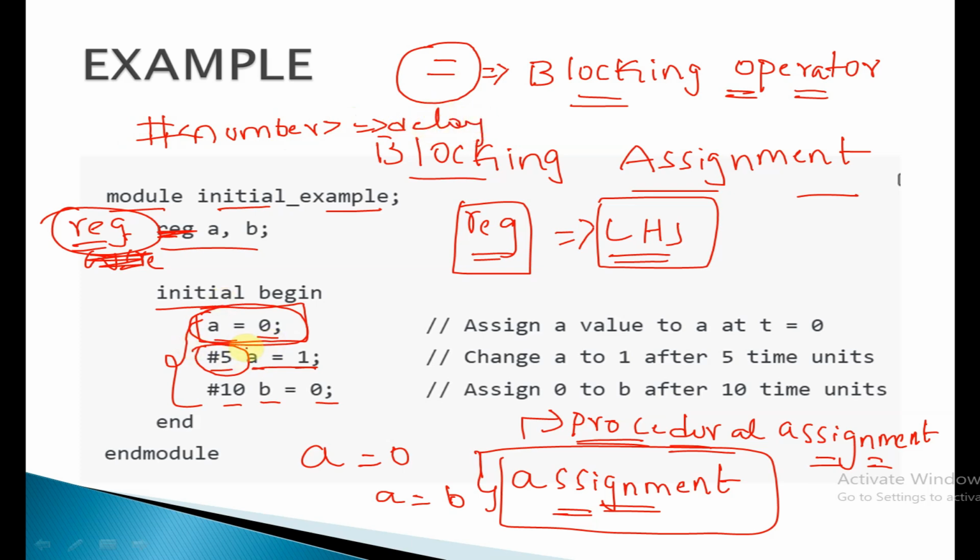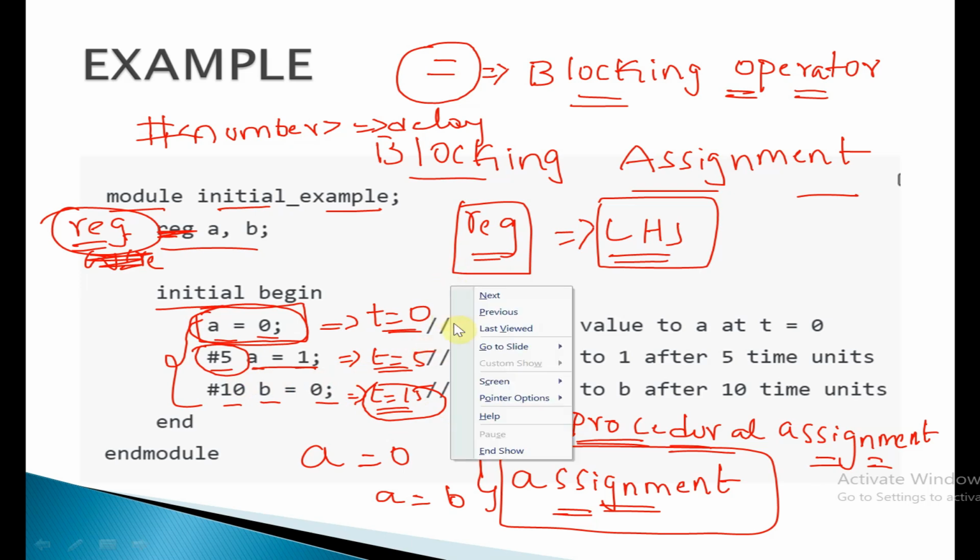That means this a is equal to 0 is happening exactly at time t is equal to 0, and this a is equal to 1 is happening at time t is equal to 5 time units, and this b is equal to 0 is happening after 10 time units. That is total 5 plus 10, that is t is equal to 15 time units. So this is how we are going to provide our delays.